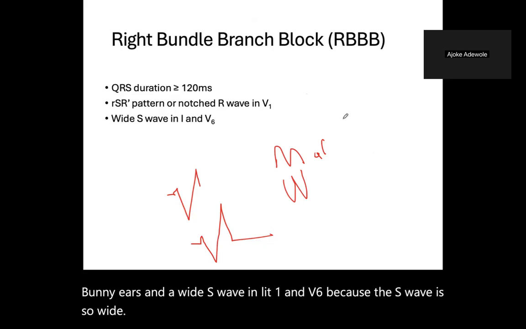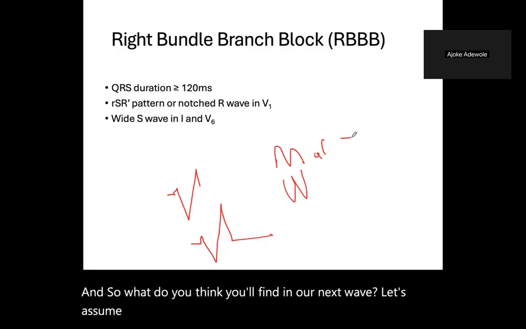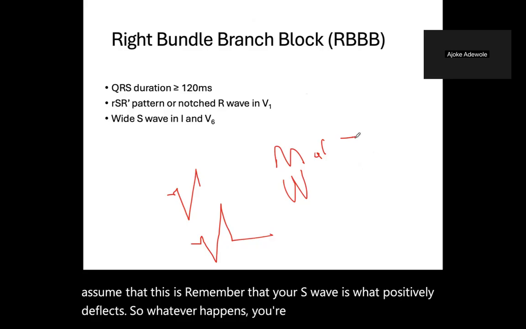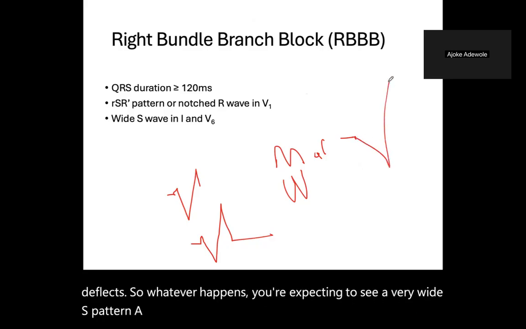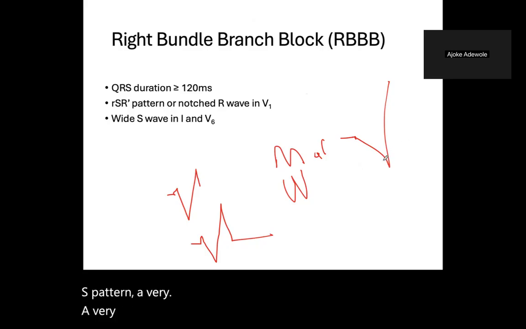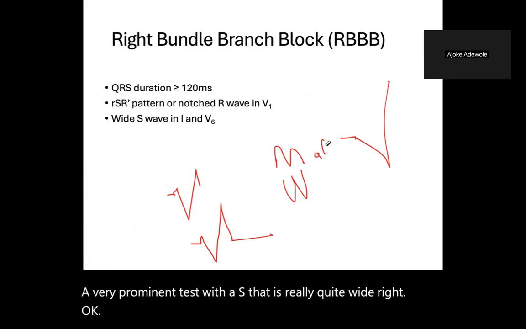Remember that your S wave is what deflects negatively. So you're expecting to see a very wide S pattern, a very prominent S wave, an S that is really quite wide, right?